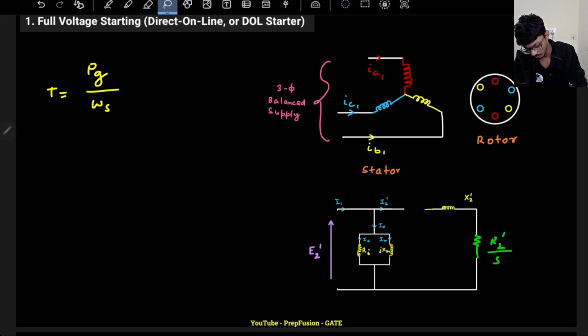Only the rotor reactance and the rotor resistance I'm taking into account.